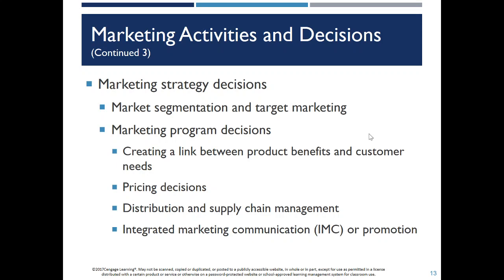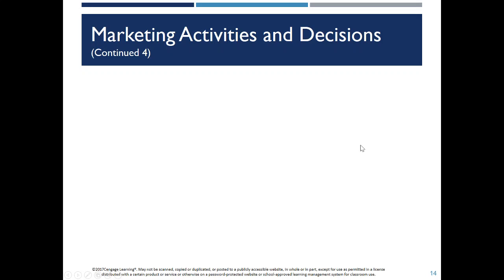Distribution and supply chain: how are you going to get products to the end user? Promotion: again, this goes back to how do you communicate the product, let people know about the product, and start to generate interest in the product.